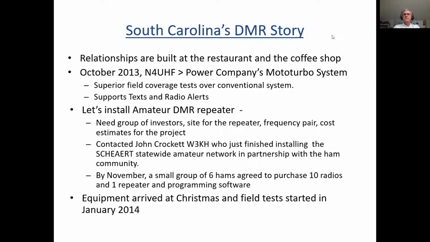I will say that relationships are built at the restaurant and the coffee shop. It's critical for amateur radio operators to build a working relationship with agency personnel they're serving. And you should look for opportunities. I know our state has an open program where you can sign up for any FEMA class in the state.